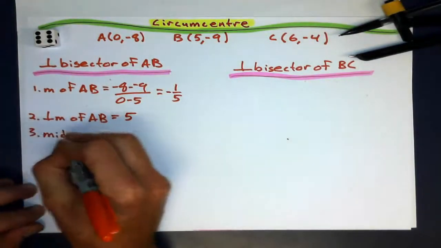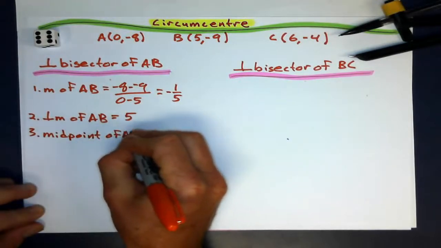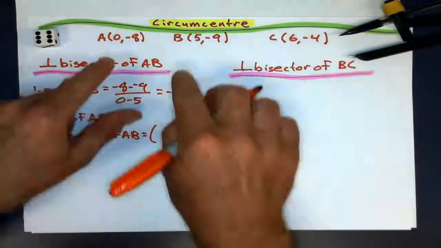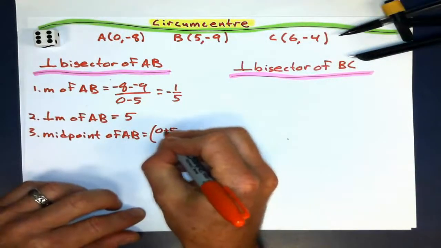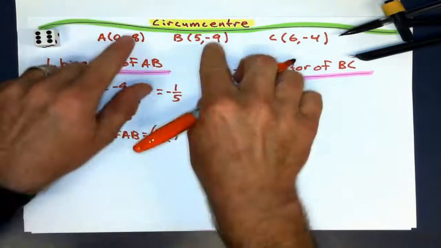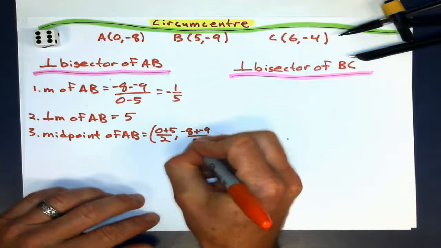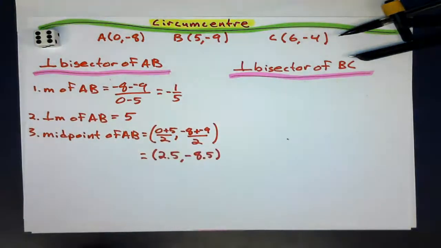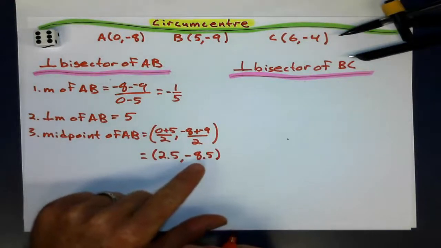So the midpoint of AB is going to give me the mean average of the x, 0 plus 5, divided by 2, and the mean average of the y, -8 plus -9, divided by 2. Okay, so that midpoint is 2.5 for the x, -8.5 for the y.